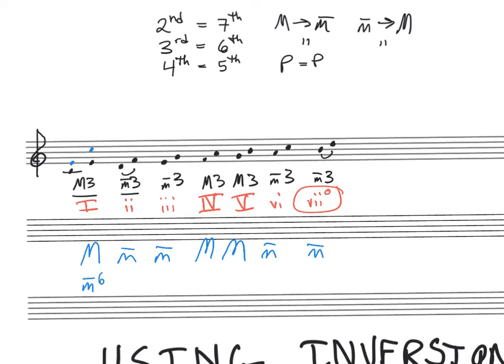And the sixth from F up to D, well, D up to F is a minor third, so we know that's going to be a major sixth. Does that make sense? So there's no point in me writing them all out for you. You can figure it out according to those rules. But it's this pattern that's going to be very useful.